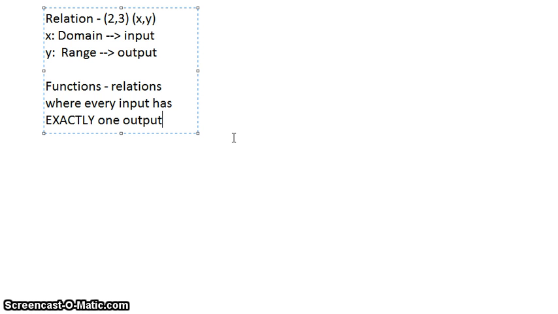If you're talking about how much money is in a bank account at a particular time, time is the input, and the amount of money you have would be the output. Time is usually a good indicator that something is going to be a function, because very rarely can you have something existing in two different ways at a particular point in time.